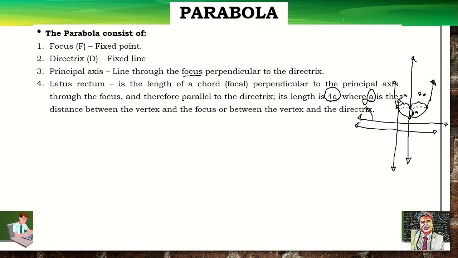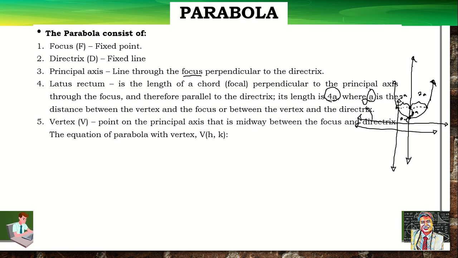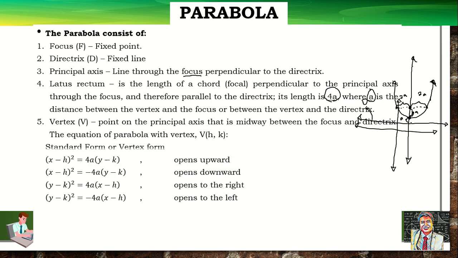So, mula dito sa vertex hanggang sa directrix, ang distance din niya ay a. Next, the vertex, a point of the principal axis midway between the focus and the directrix. So, yun yung vertex, nandun sa gitna.